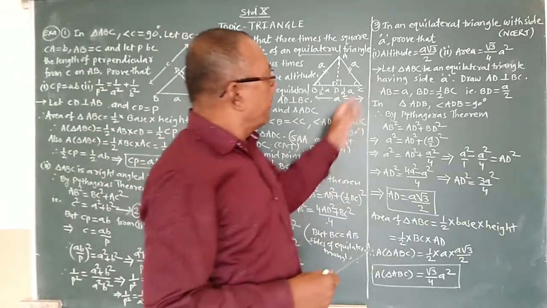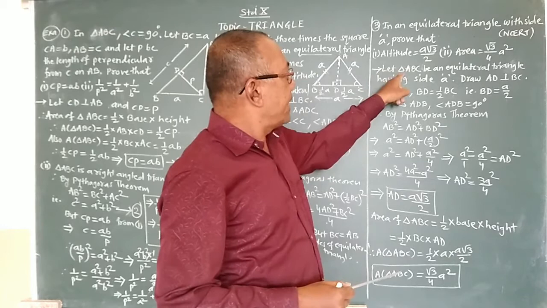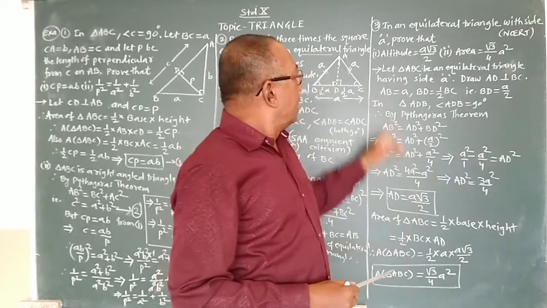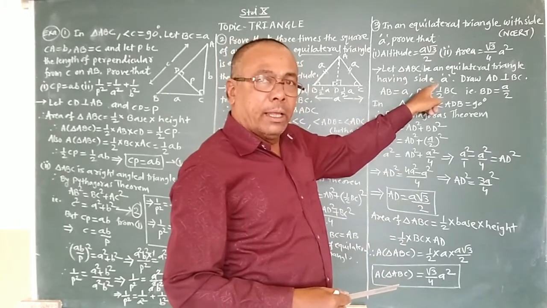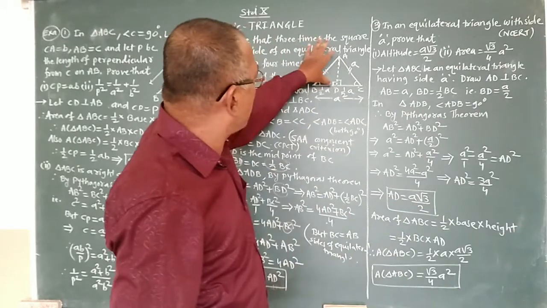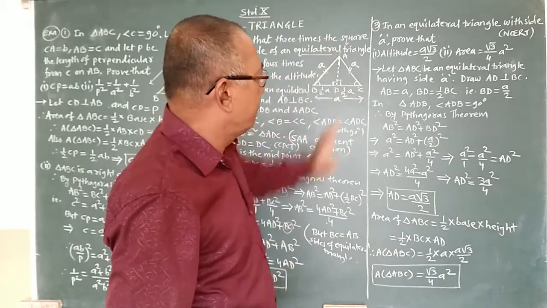So before we see that, let triangle ABC be an equilateral triangle having side A and draw AD perpendicular to BC. Here we have drawn AD perpendicular to BC.